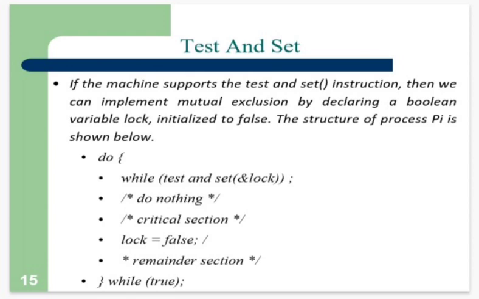Thus, if two test and set instructions are executed simultaneously, each on a different CPU, they will be executed sequentially in some arbitrary order. If the machine supports the test and set instruction, we can implement mutual exclusion.